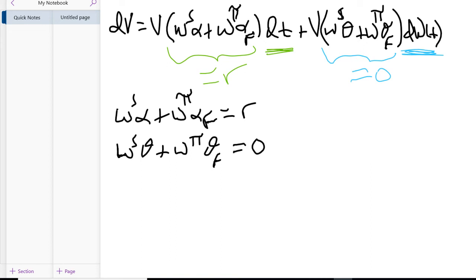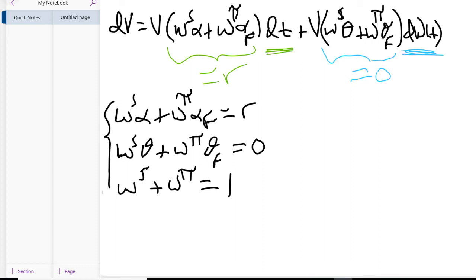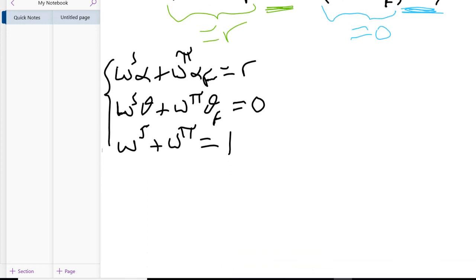And what else? We need one more thing. Obviously the weights should sum to 1. So we have this system of equations. Now we just need to solve it. This one is going to eventually lead to the PDE. So we're going to solve these two first.